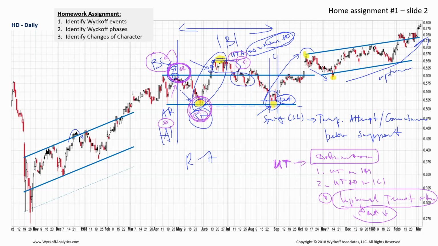When I realized that this upthrust right here has the same type of action as the regular upthrust in distribution, it made sense to label this as an upthrust action rather than an upthrust itself. I'm going to have a slide for you on this.